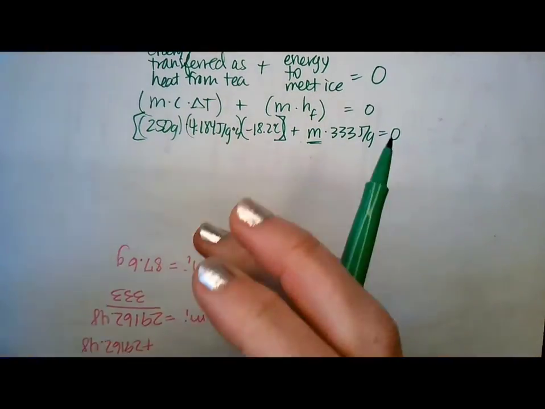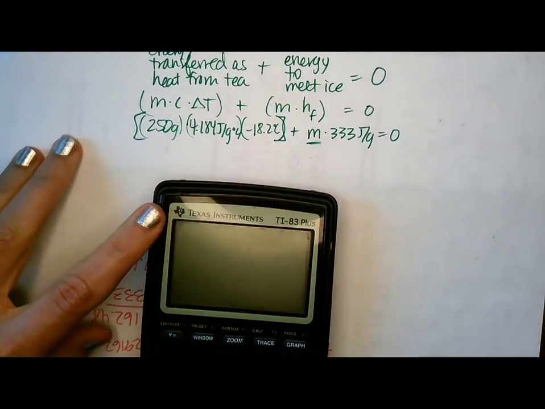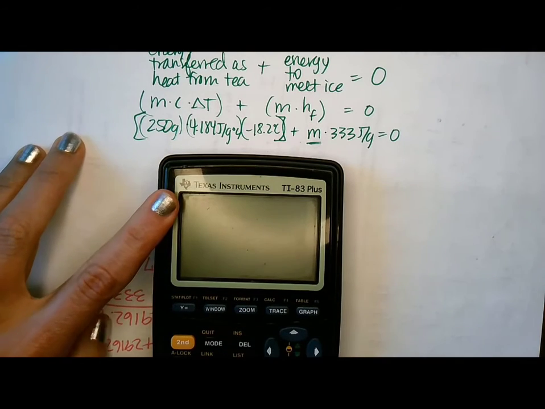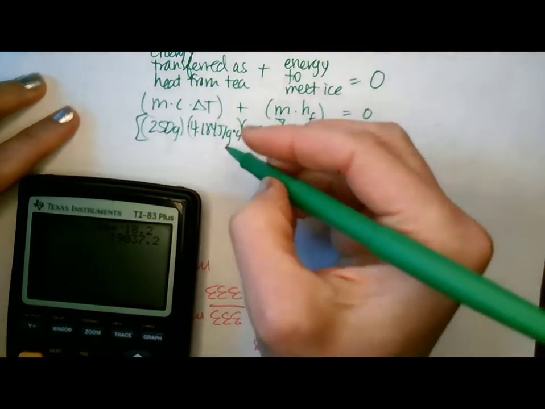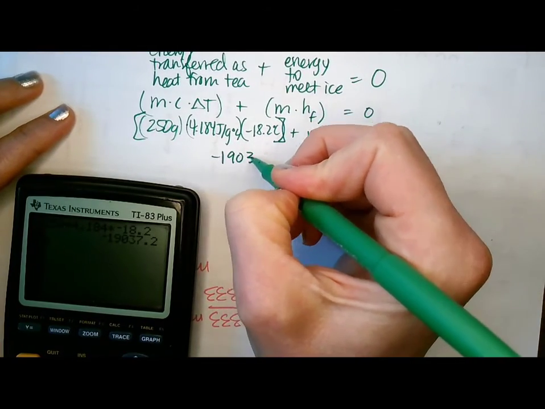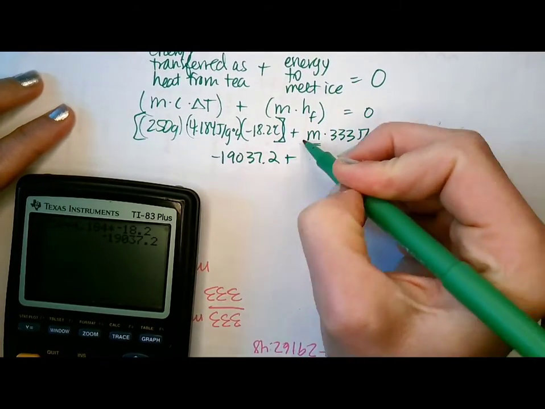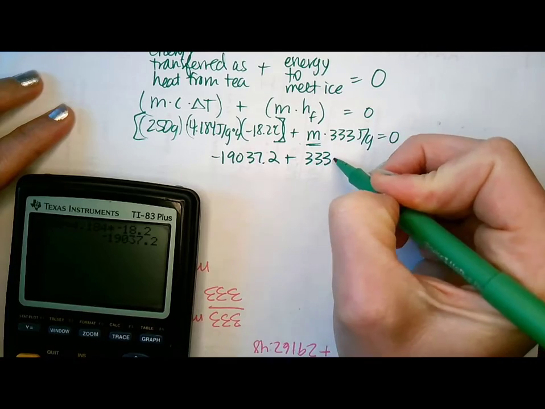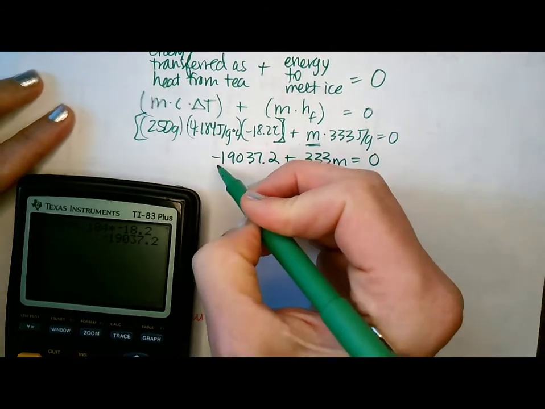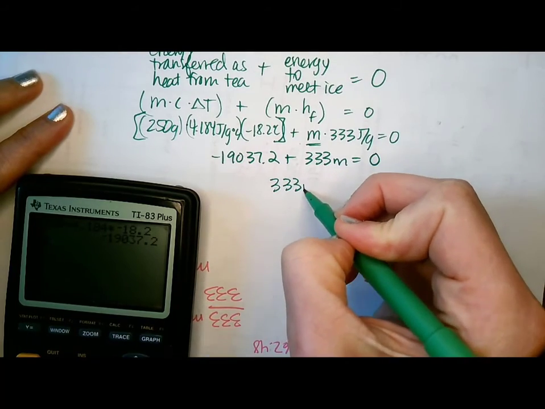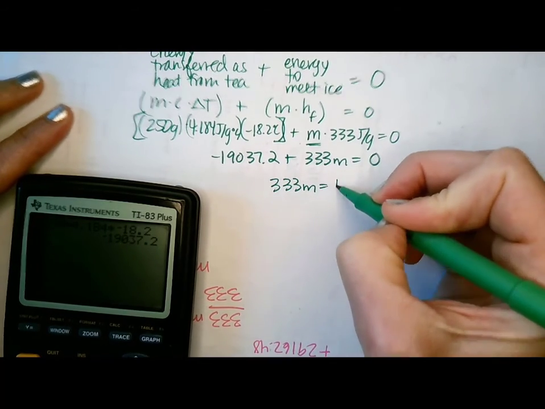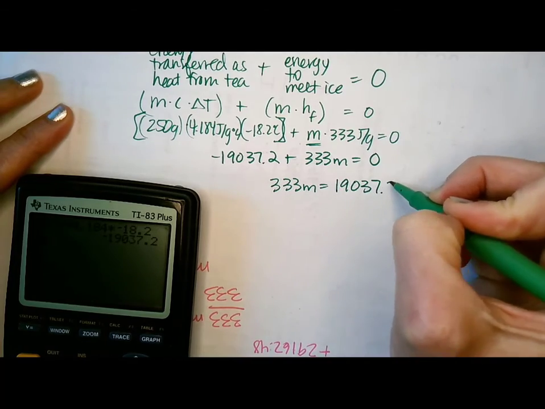All right, so let's do some simplifying. We're going to do 250 times 4.184 times negative 18.2. Negative 19037.2 plus, again, we're just going to say 333m equals 0. So I'm going to add that to both sides and be left with 333m equals 19037.2.